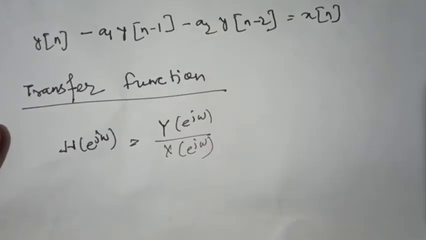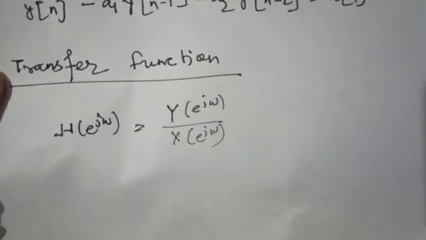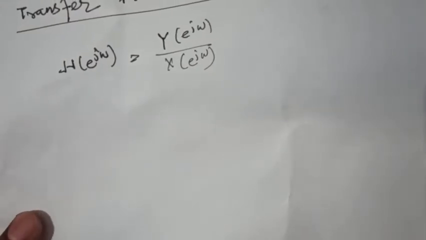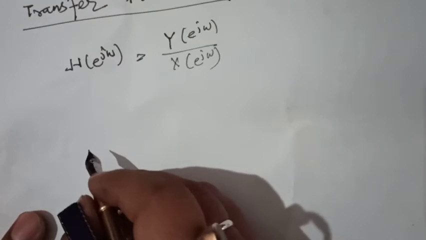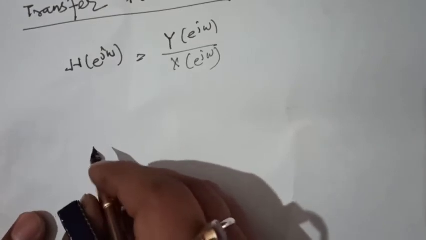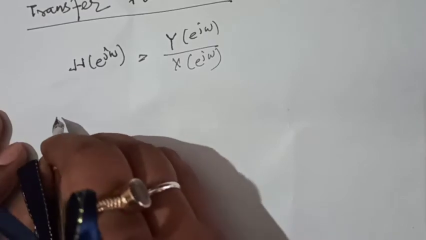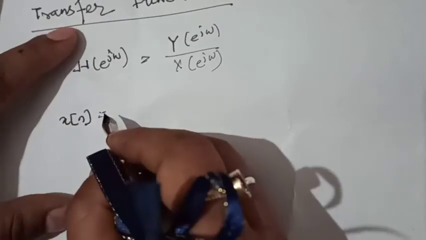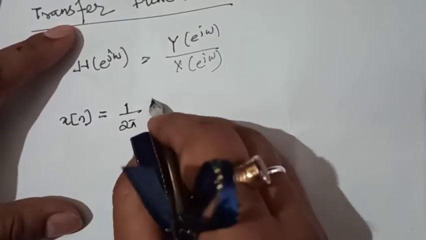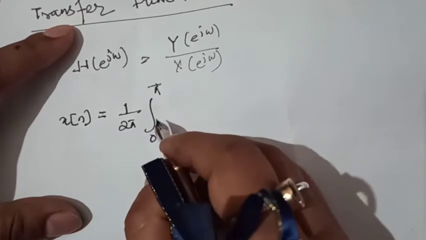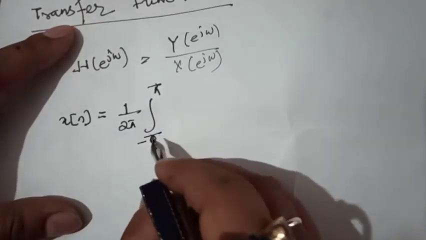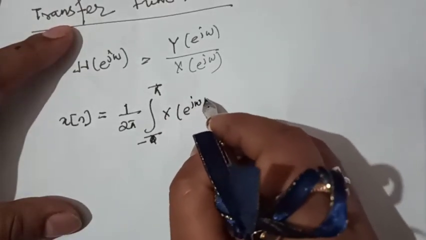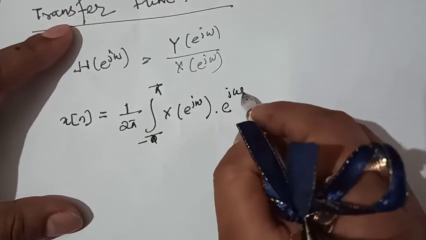Let me derive this in a slightly different way. For any arbitrary input x of n, we can represent x of n based on the IDTFT formula. By the definition, it is 1 by 2 pi, integral from minus pi to pi, or 0 to 2 pi, of x of e to the power j omega into e to the power plus j omega n d omega.